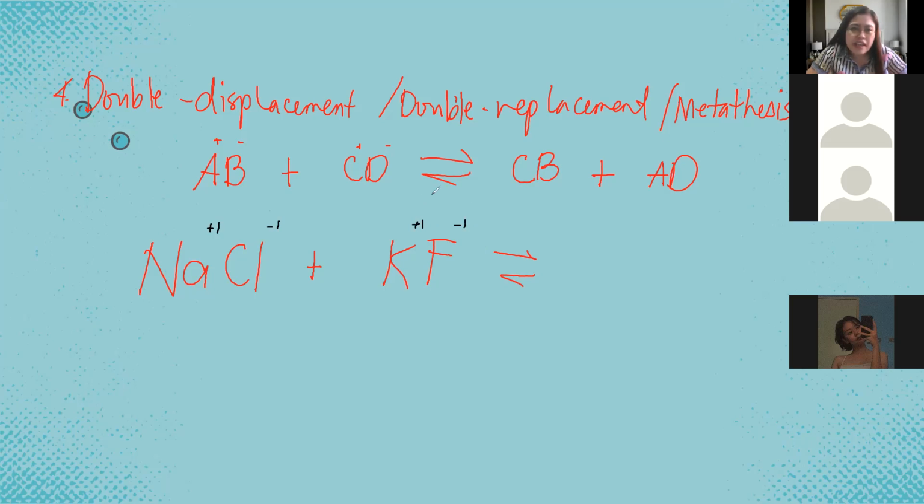So what did I say earlier? The positively charged here will partner with the negatively charged in the second compound. So you will now have NaF plus, the positively charged here partners with the negatively charged on the other side, so you will have KCl. So this is what you call a double displacement or double replacement reaction. There will be exchange partners. Okay?